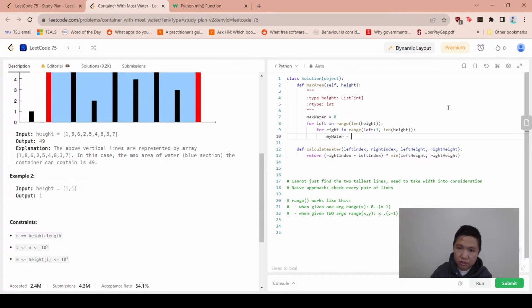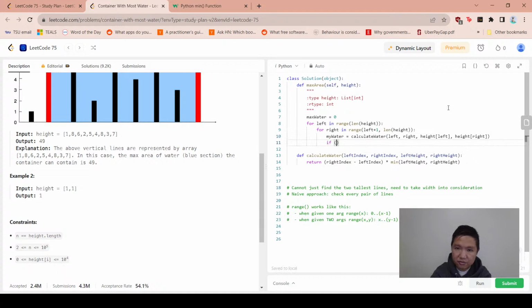Let's call it my water equals calculate water, left index, right index, left height, right height. Okay? I can make this even easier: max water equals max of max water, comma my water.